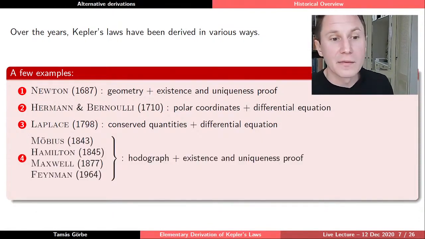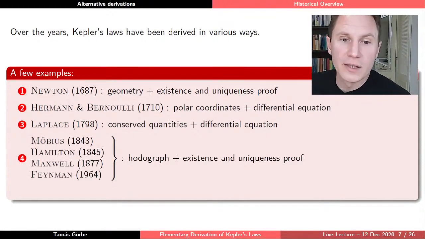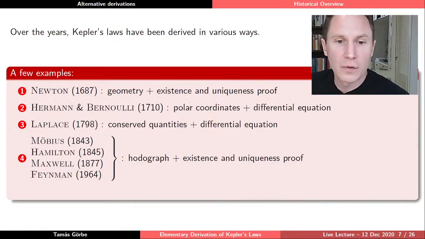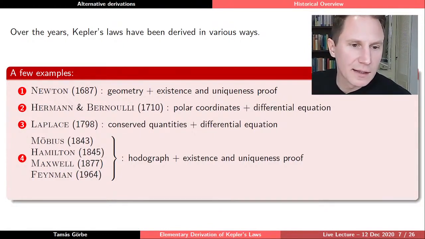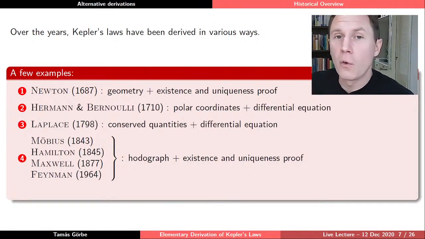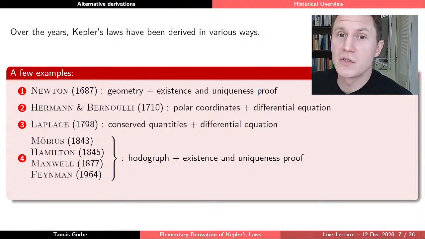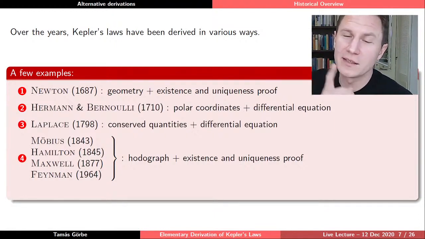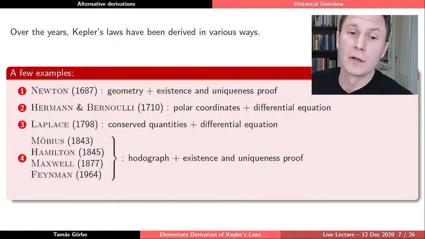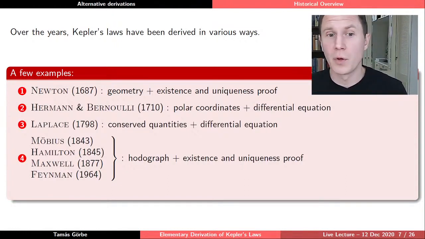Then there was a whole list of people doing the same kind of derivation in slightly different ways, but the core idea for all of these people in the 19th and 20th century, Möbius, Hamilton, Maxwell, and Feynman, was this notion of a hodograph, which is just the curve that is traced by the velocity vector. We are not going to approach this in this way, but I just wanted to tell you about these different ways of deriving Kepler's laws.